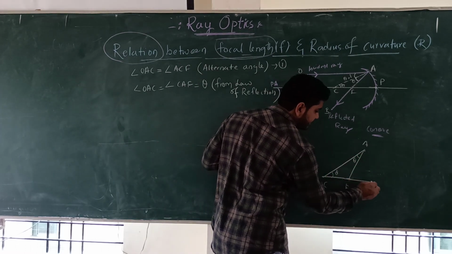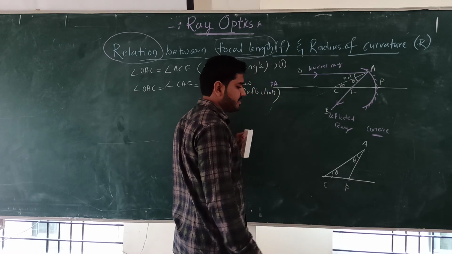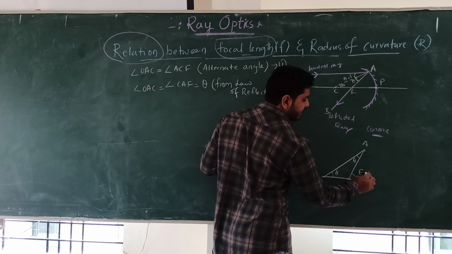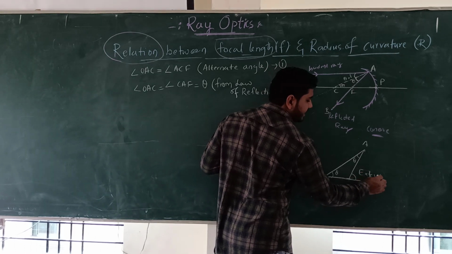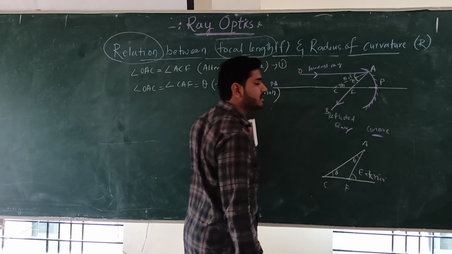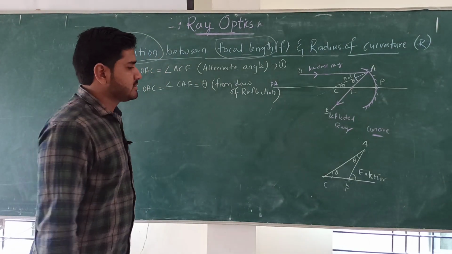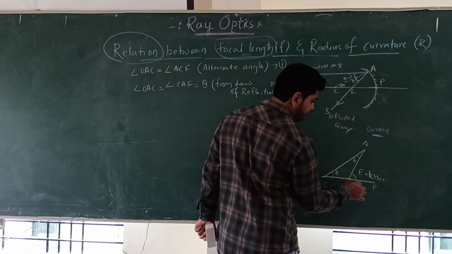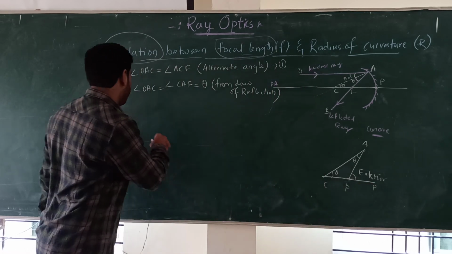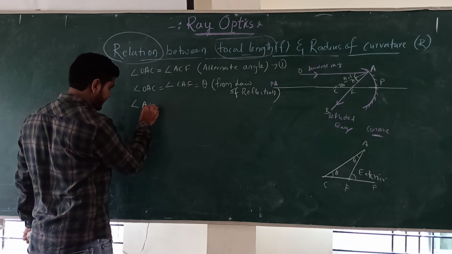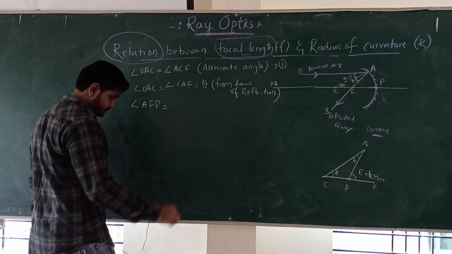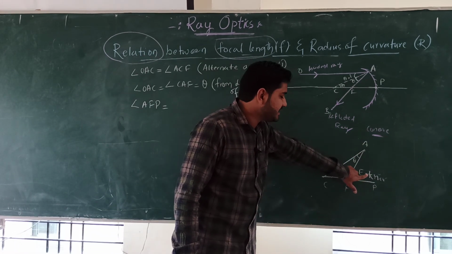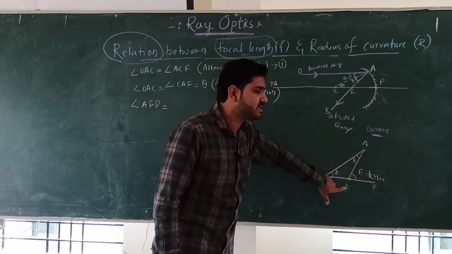If I extend this base, then this angle is nothing but the exterior angle to this triangle. So I want angle AFP. Angle AFP is nothing but the exterior angle to the triangle ACF.